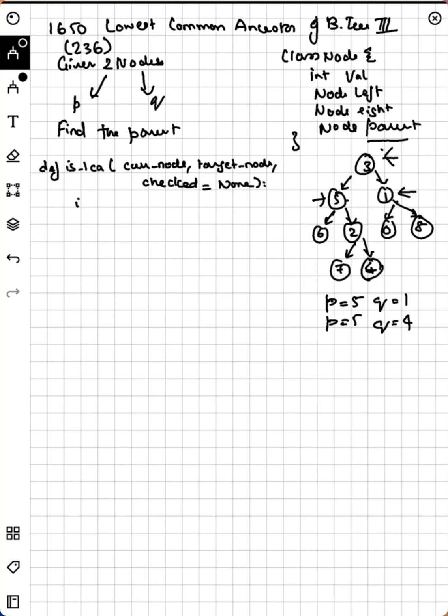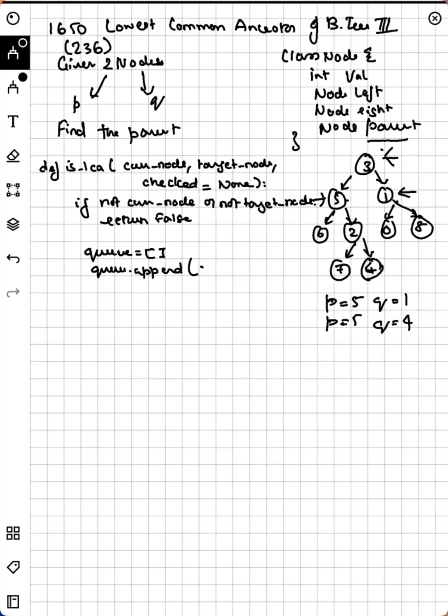Now what I want to say is if not current node or not target node, that means one of them is not there, then I can never find anything. So let's return false here, and then let's do a breadthwise traversal with a queue, and I say Q dot append.